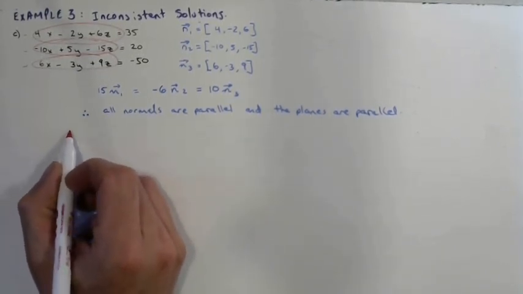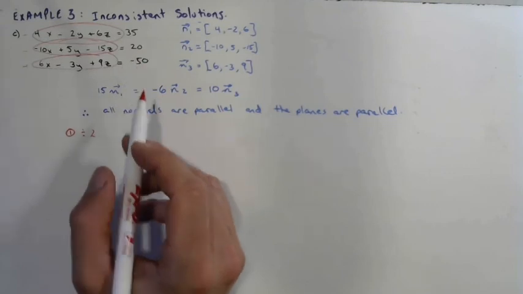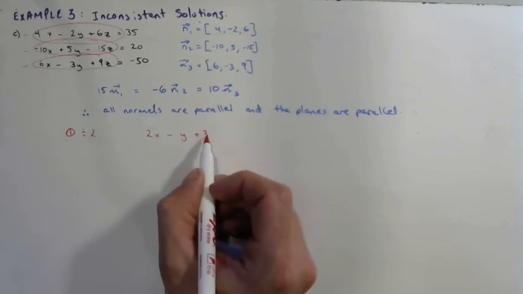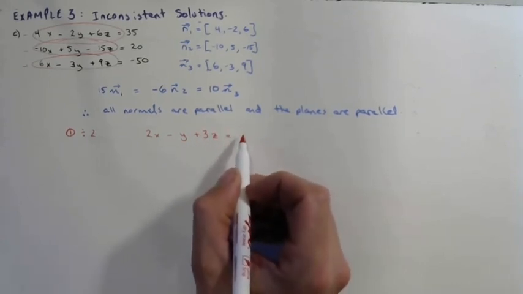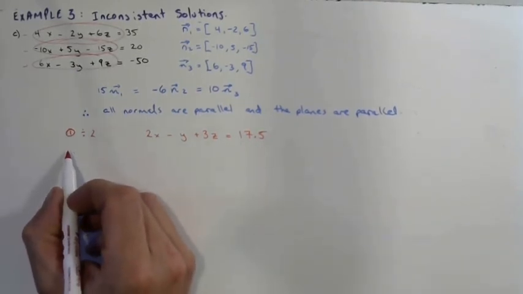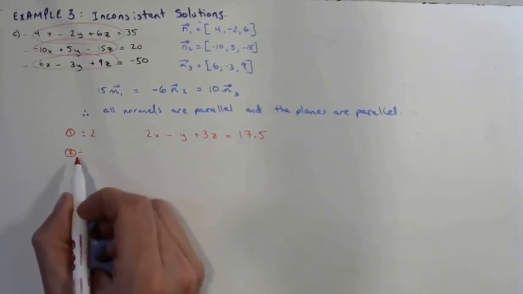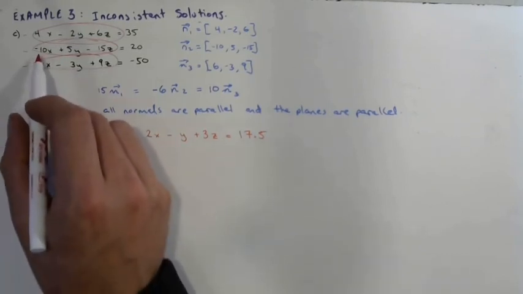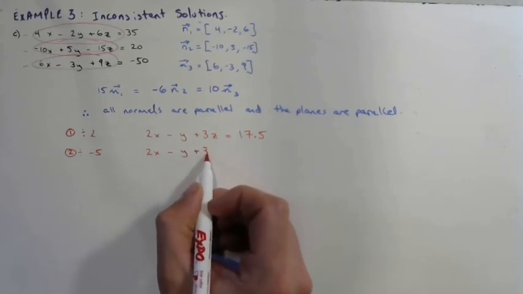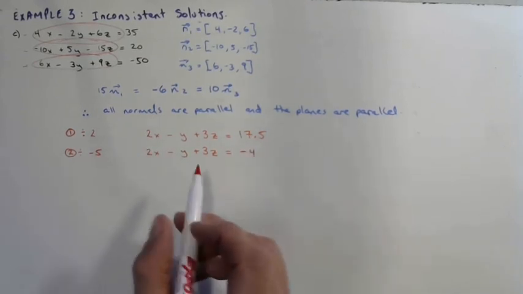I'm going to take equation 1 and divide the whole thing by 2. That's going to give us 2x minus y plus 3z equals 35 over 2, which is 17.5. Then I'm going to take equation 2, and I want it to come out looking the same as this, so I'm going to divide it by -5. -10 divided by -5 is 2x minus y plus 3z equals 20 divided by -5, which is -4.